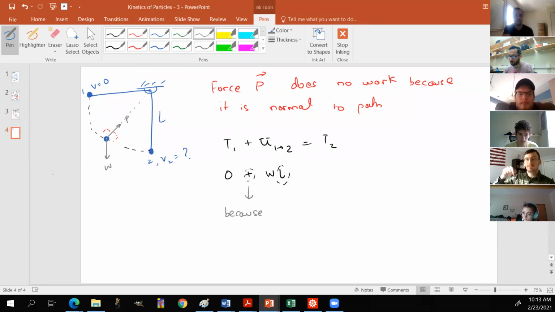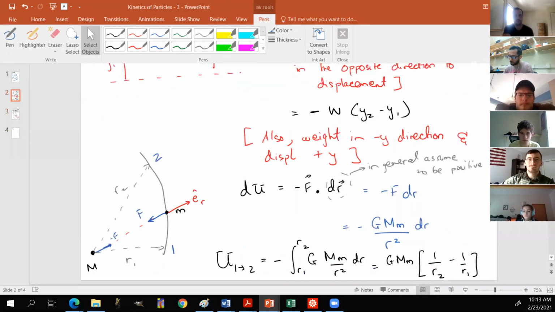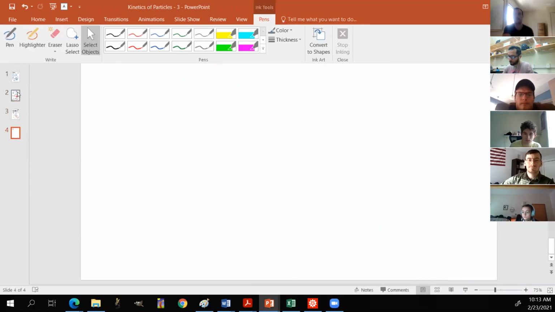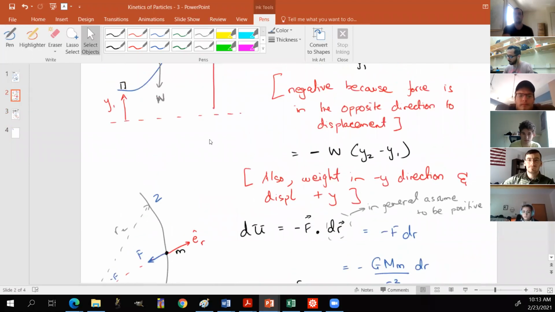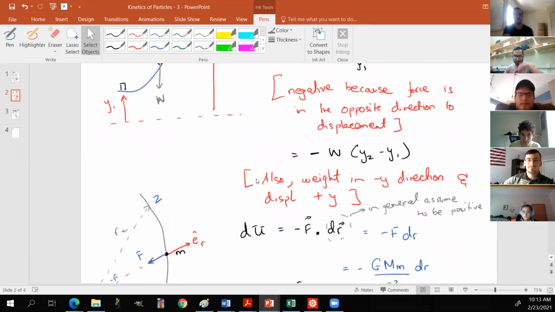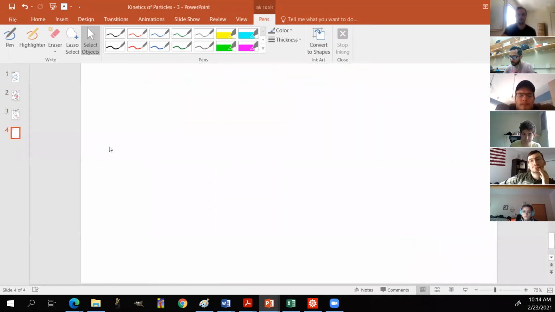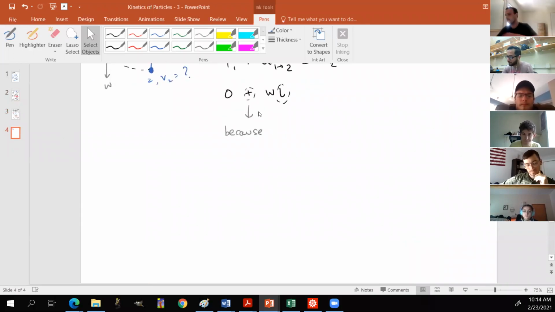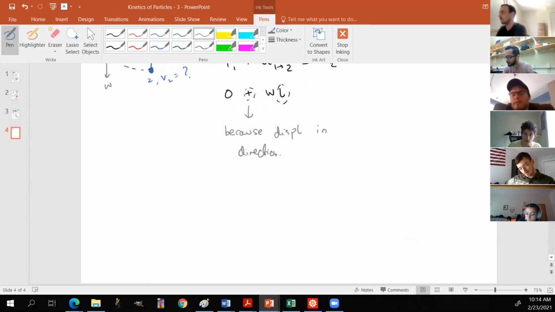Maybe because the displacement going. Yeah, the displacement is what? So it's positive because the displacement is in the same direction as which the weight is in, right? So relative to each other, they're in the same direction. So because displacement in direction of the weight.